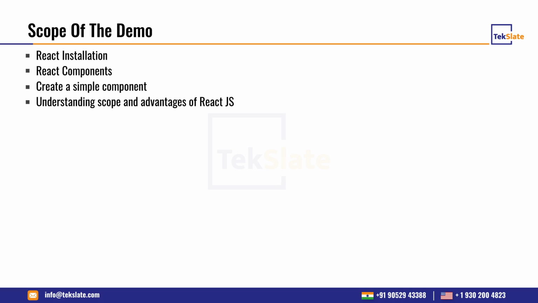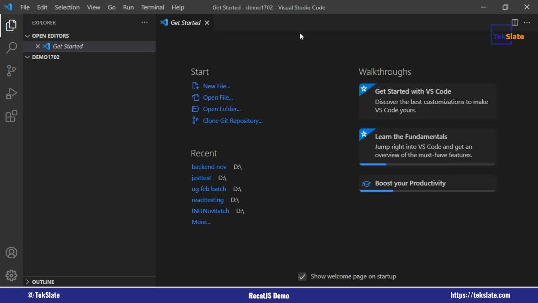So let's get started. As you can see, I'm going to use Visual Studio Code for creating the React application. There are a few dependencies for installing your React app. A React app is going to run on your Node runtime, so before installing React, make sure you install Node.js.